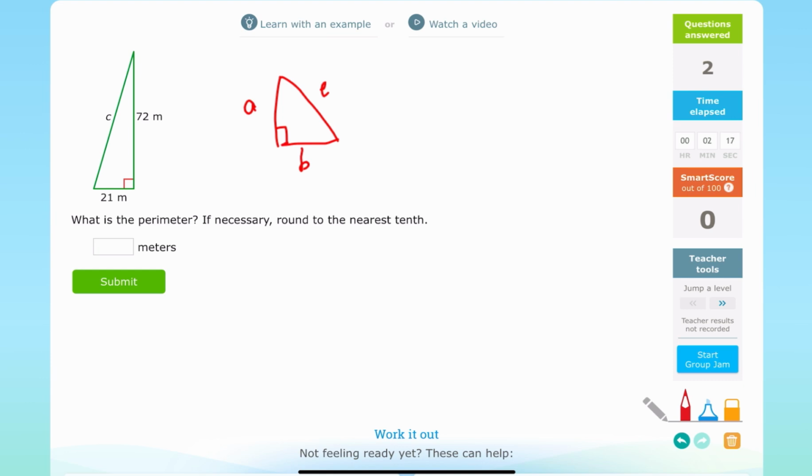So the Pythagorean theorem states that A squared plus B squared equals C squared, which means the sum of the squares of the other two sides, which are commonly called legs, equals the hypotenuse squared.